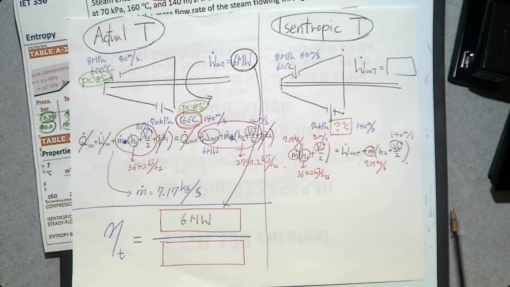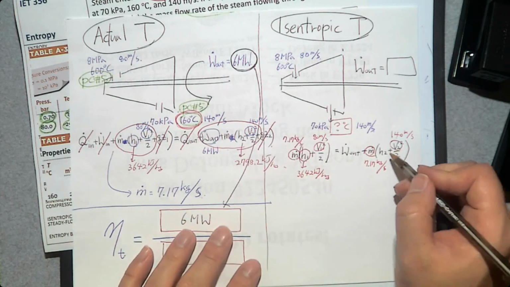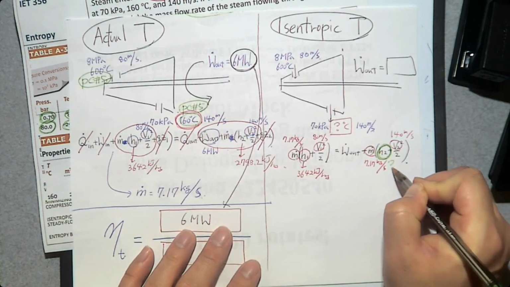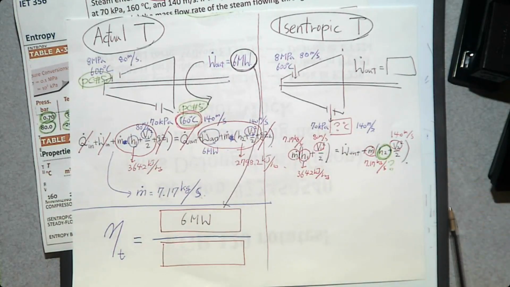Then the question is, can we determine this h2? Let's check. It depends on the condition at the exit. What do we know? Oh, 70 kilopascal. Good to know. That's it. So can you determine h from 70 kilopascal?